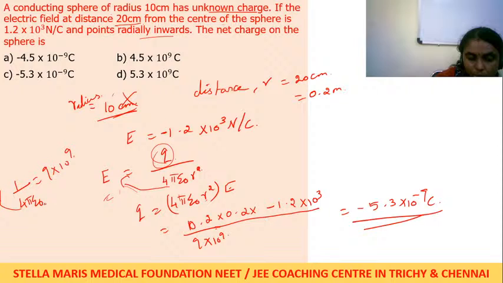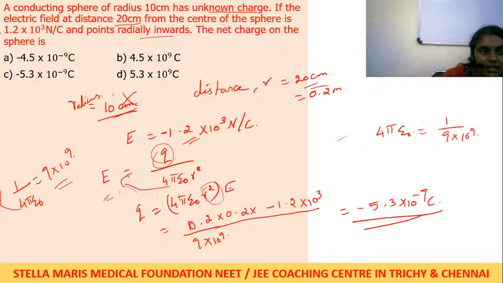We know that 1 by 4 pi epsilon naught is 9 into 10 power 9, but here it is in the numerator, so it becomes 1 by 9 into 10 power 9. We know the value for R, 0.2 meter. Likewise, the electric field value is minus 1.2 into 10 power 3. When we substitute the known values, we get minus 5.3 into 10 power minus 9 coulomb. So option C is the correct answer.